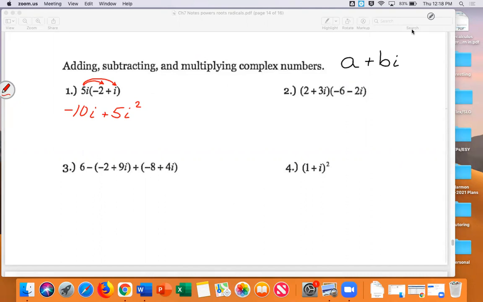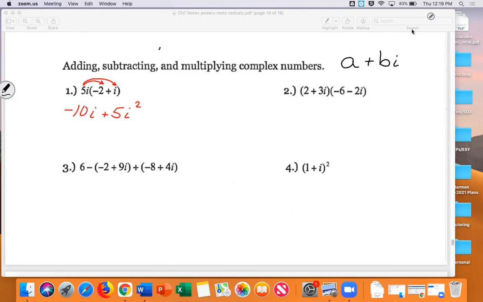Now the problem is, this does not look like this, does it? Because I have i and i squared. But if you turn to the start of 7.6, there were two things I wrote at the top. It was i equal to the square root of negative 1, right? Does everybody see that? Below that, it says i squared equals negative 1, correct?